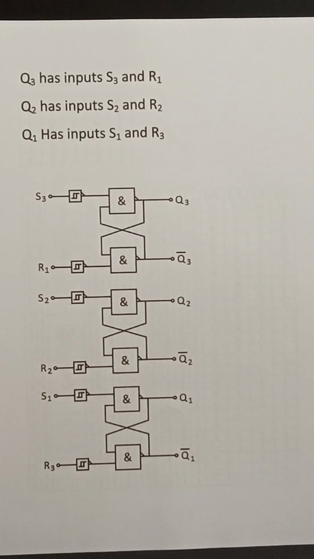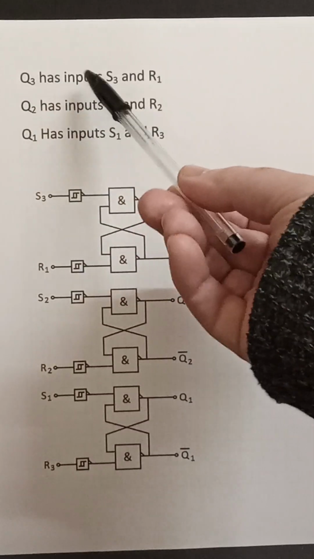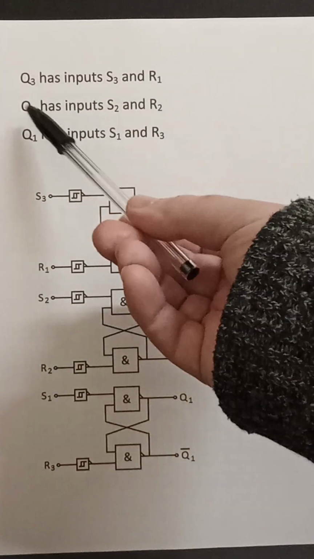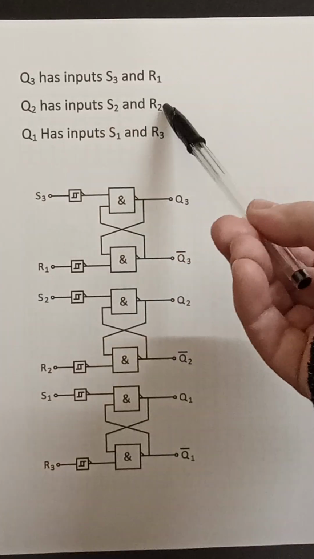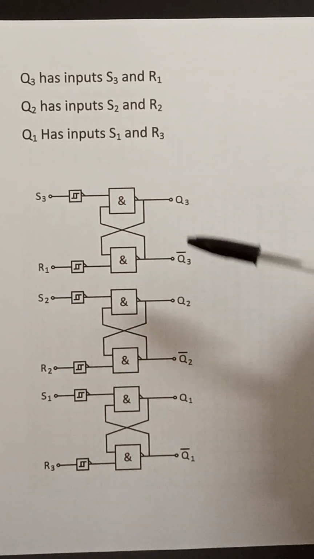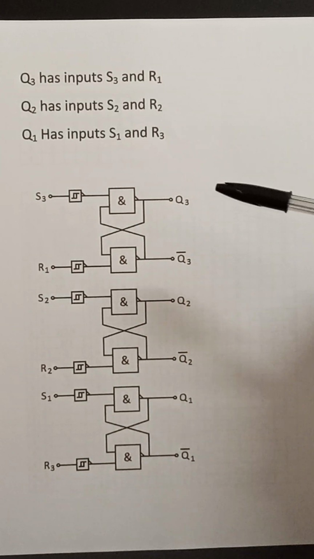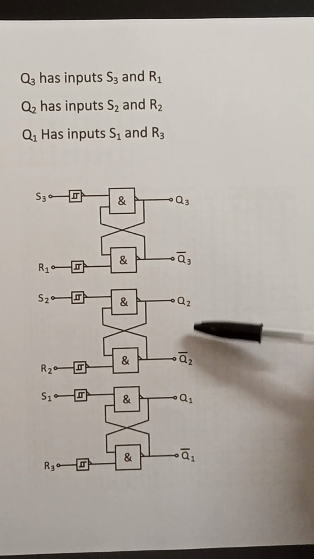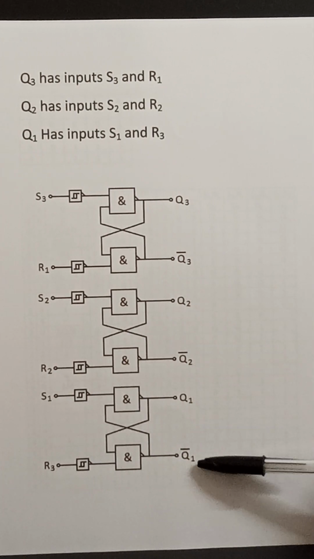So this is the circuit diagram for the quaternary SR flip-flop. Q3 has inputs S3 and R1, Q2 has inputs S2 and R2, Q1 has inputs S1 and R3. So this is Q3 and not Q3, Q2 not Q2, Q1 not Q1.